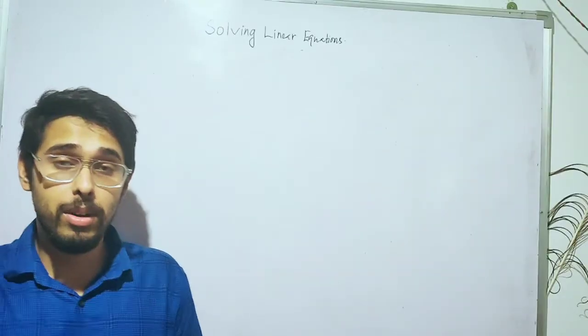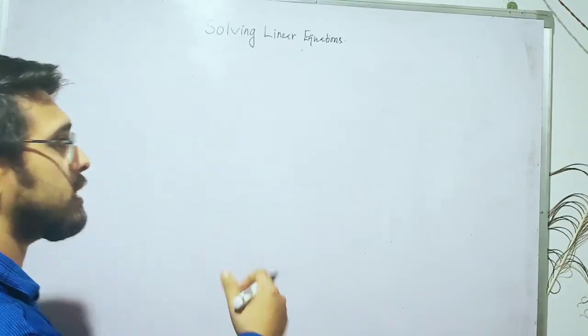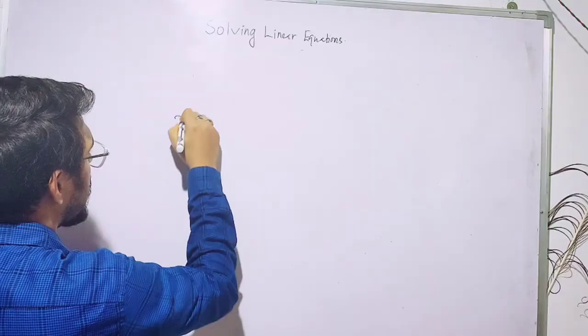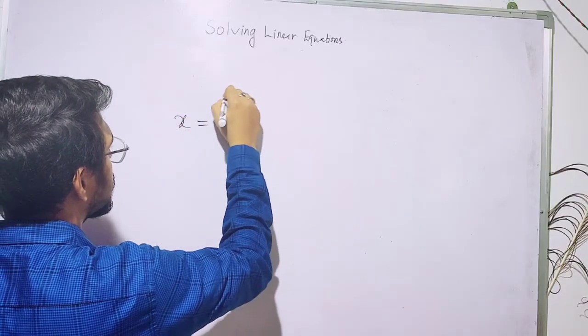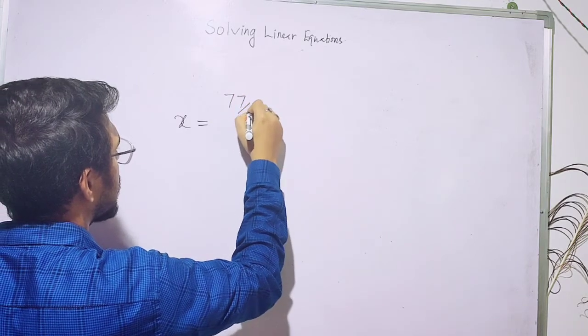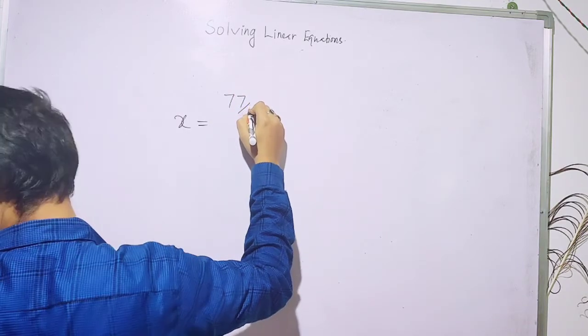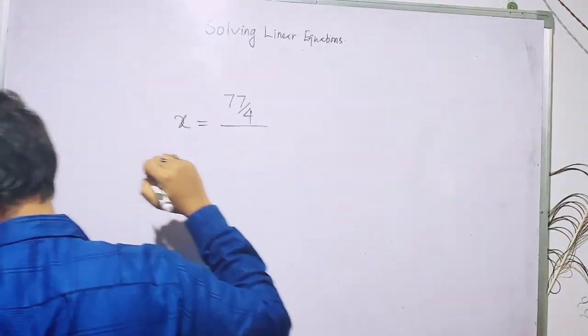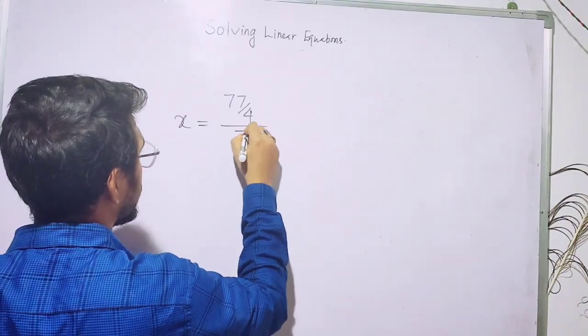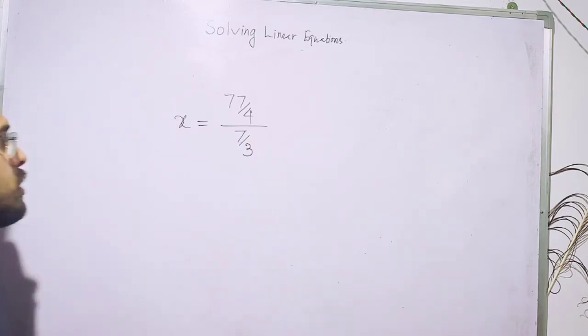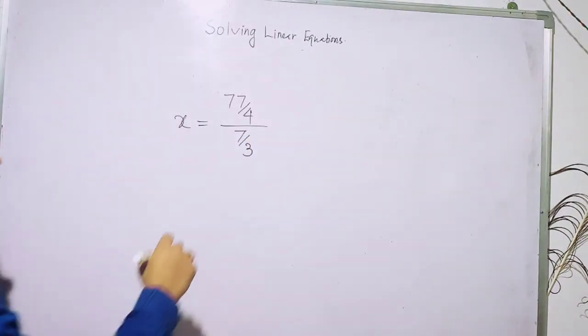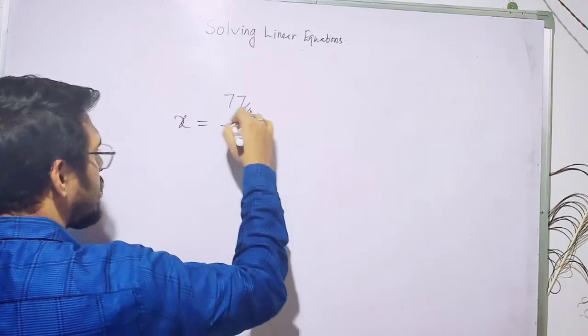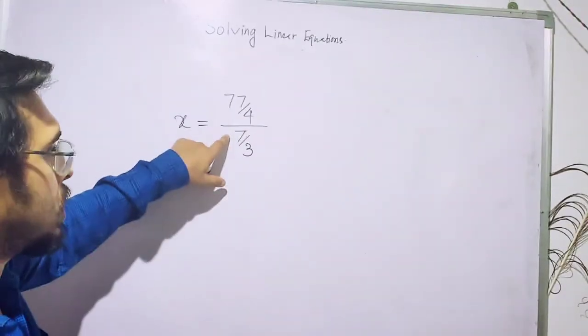Sorry for the interruption. Actually, suddenly the video went off. X was 77 by 4, I believe, yeah, 77 by 4 divided by 7 by 3. So what I meant here is the denominator of the fraction which is in the denominator.